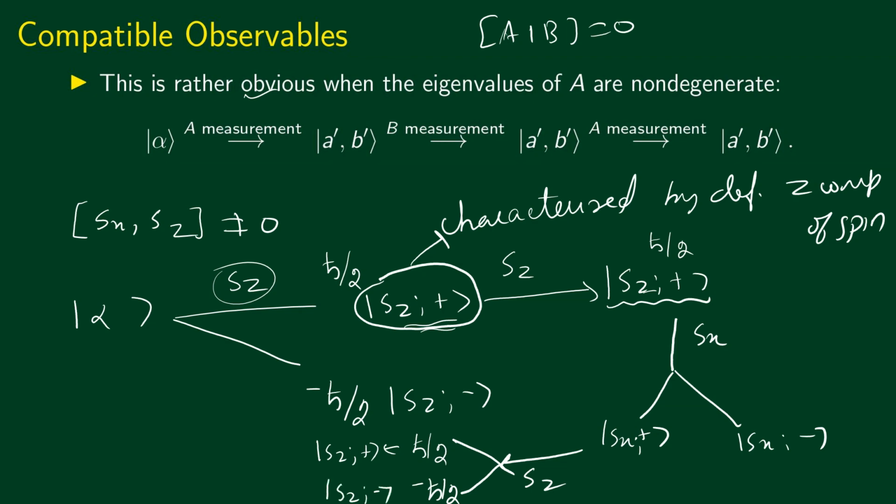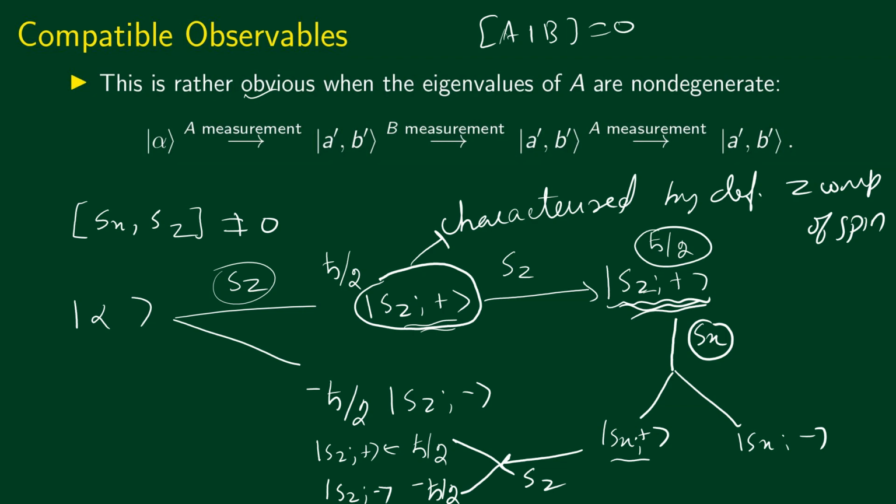So here what has happened is that as long as I am measuring Z, I am always getting plus h bar by 2. The measurement of Sx on this state changes the state into, let's say, ket Sx plus. Now the previous information is lost. What was the previous information?